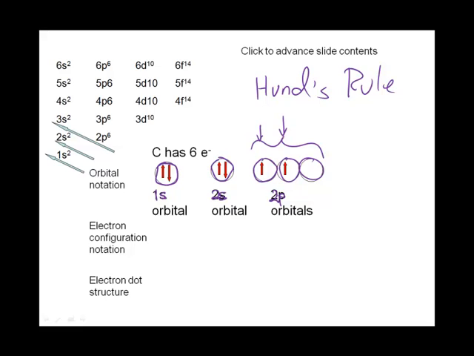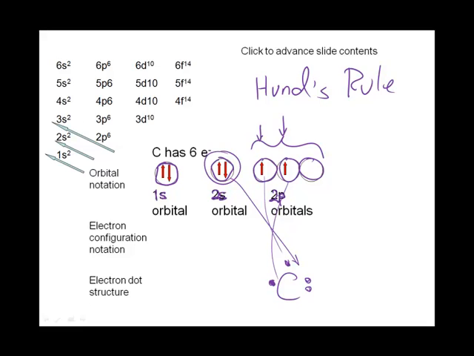And you can see this in the orbital notation and in the dot structure, because when we draw the dot structure for carbon, we're going to show these 2 electrons paired and these 2 electrons by themselves on different sides of the symbol.